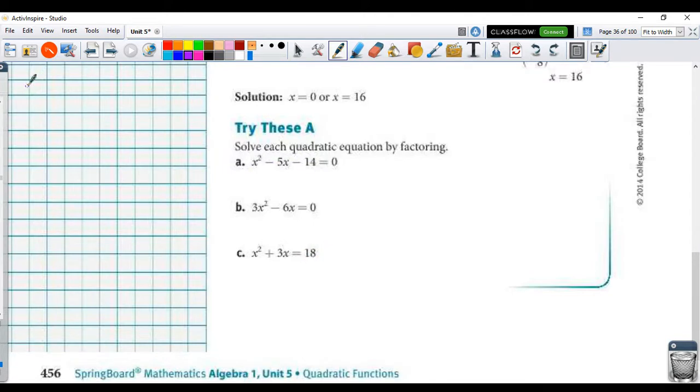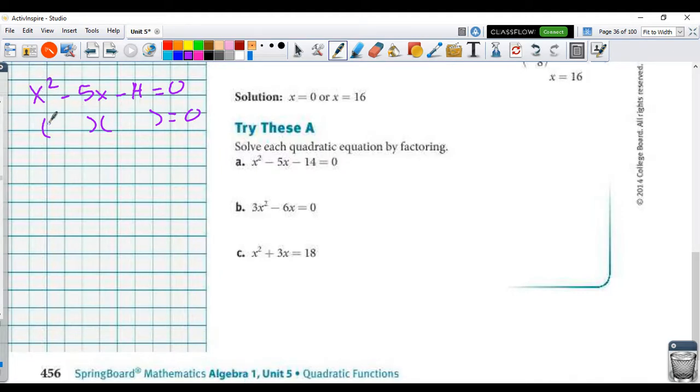Okay, so let's do A over here together. So we have x squared minus 5x minus 14 is equal to 0. We're going to factor the left side of this equation into two sets of parentheses. The first thing that I did, I noticed that there was no GCF here, so I went ahead and opened up my two sets of parentheses, but you always want to check for your GCF first.